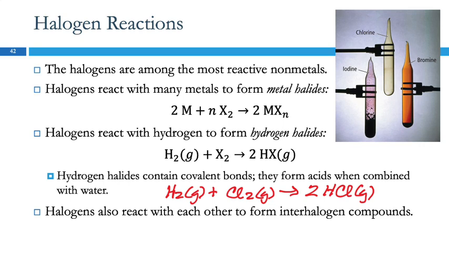Does HCl look familiar? Hydrochloric acid? Here it's in its gas state because it's not dissolved in water yet. But predicting these formulas, again, we're just looking at the charge that a hydrogen ion has and the charge that the chloride ion has. Halogens can also react with each other.